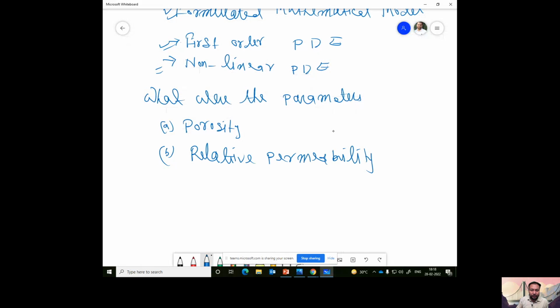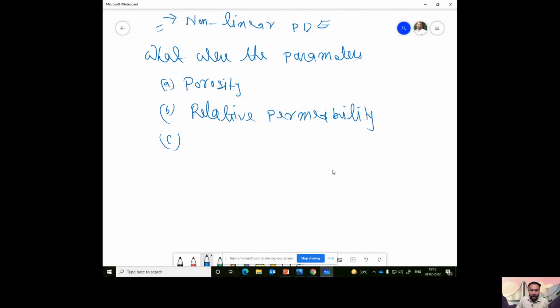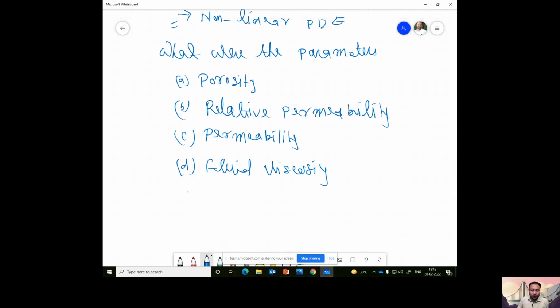We took permeability. Number 3, we took the fluid viscosity. We took the density.